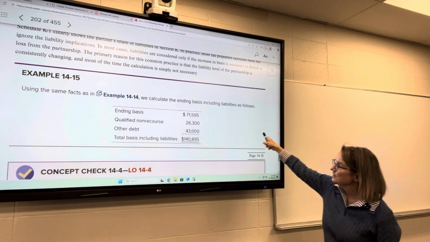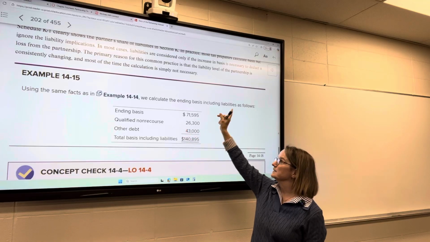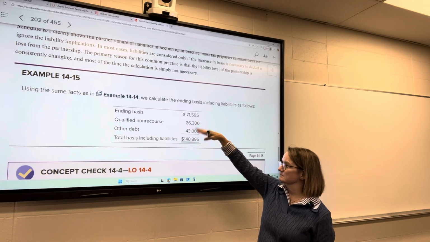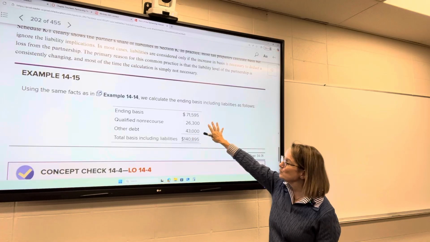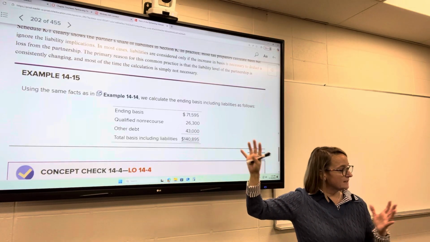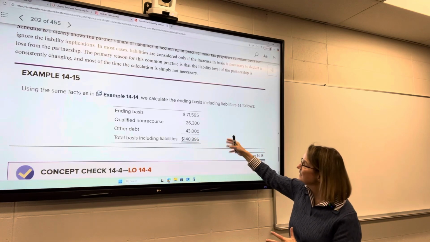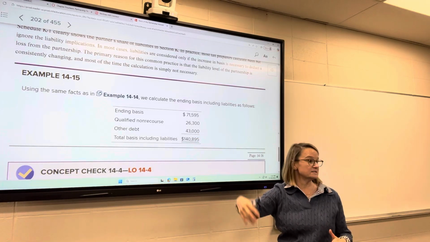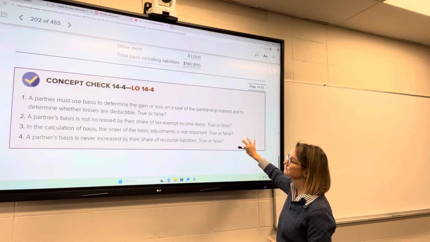So here on that K1, this is what it was showing as far as the liabilities go. We wouldn't take these into account in calculating basis unless we had a loss so big that we then had to dig into these liabilities in order to take that full loss.